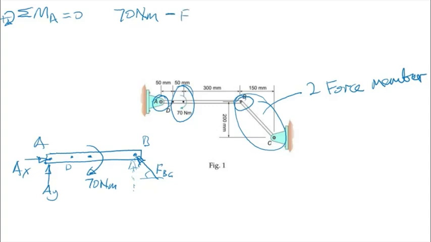FBC times the angle, that's sine theta, if we call this theta. And the distance is the length AB. The length AB in our question is 400 mm.